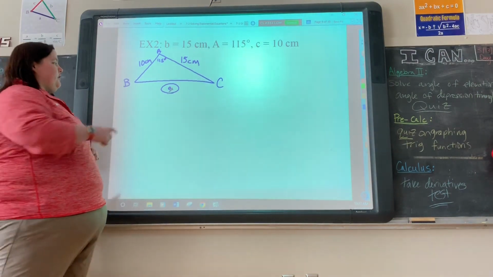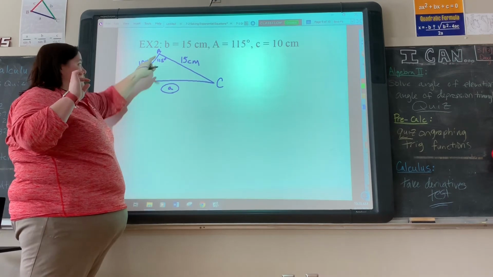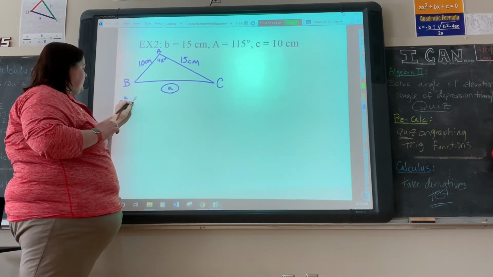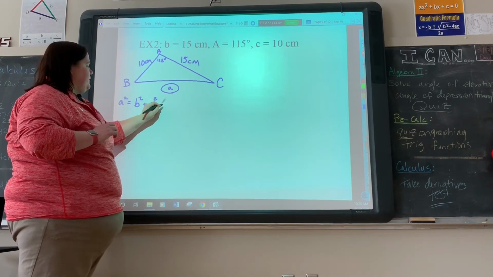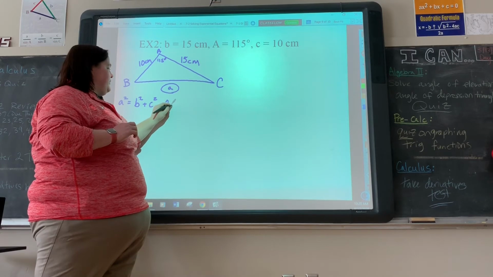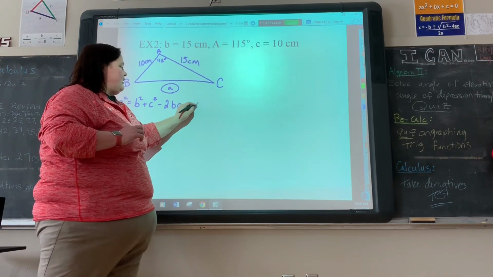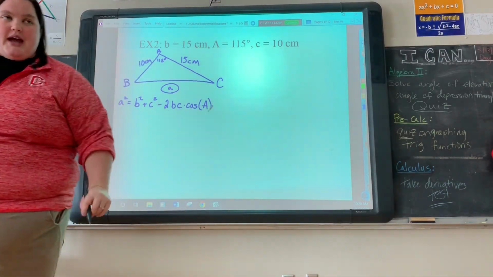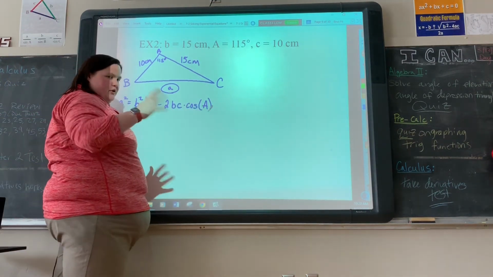Okay, so the formula that has little a, where I know capital A, is that first one that's listed. A squared equals B squared plus C squared minus 2 times B times C, and then times cosine of angle A. Now this one I don't really have as much choice because I only know the one angle, and the angle only shows up once per formula.